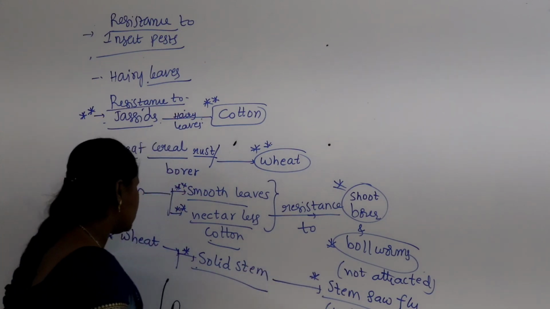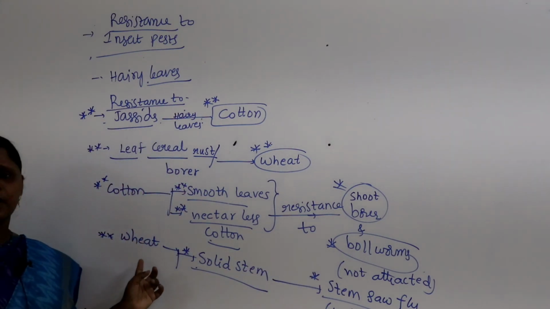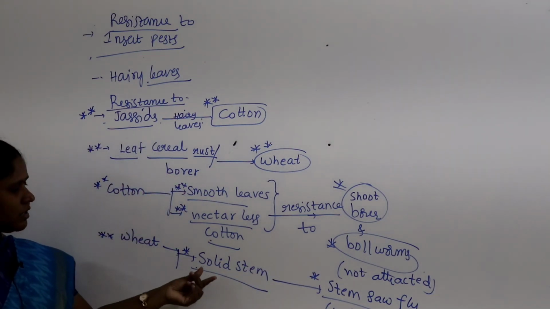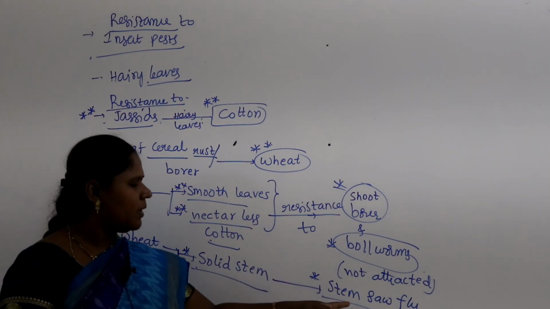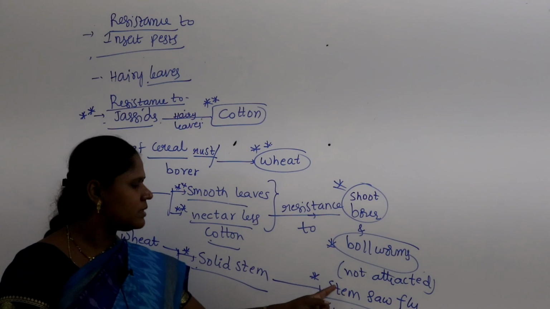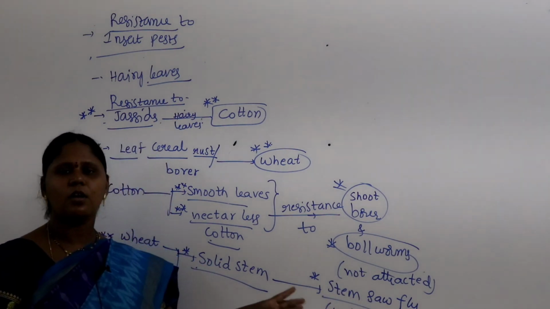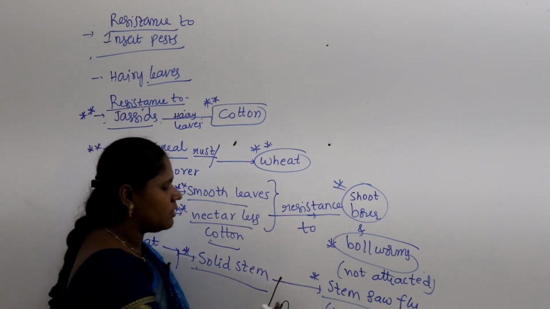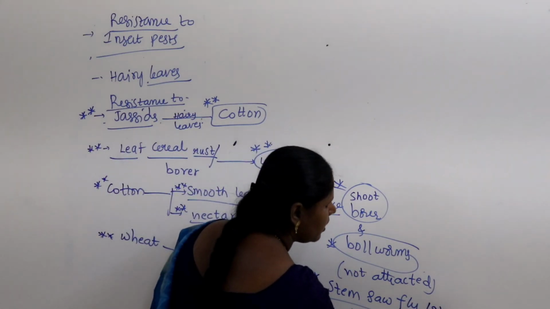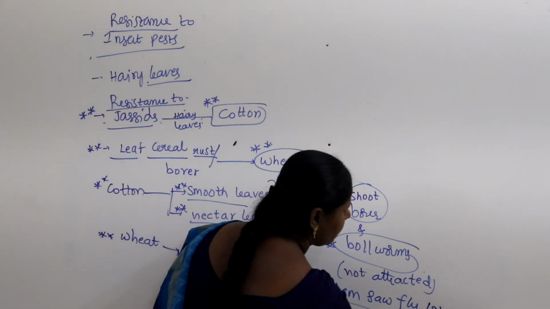What's the meaning of this? When you create the wheat variety which has very solid stem, then most commonly the fly, what is called stem sawfly, will not prefer to make the holes. Stem borer, better you can also write here, this is also a stem borer.